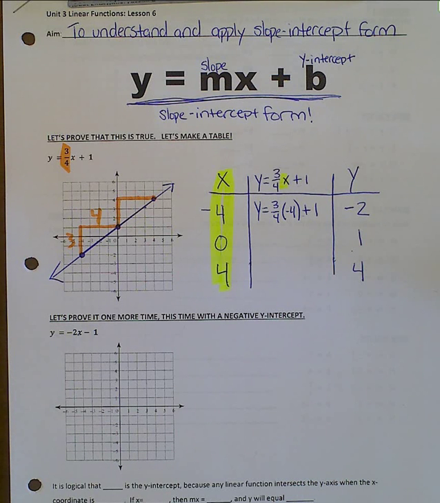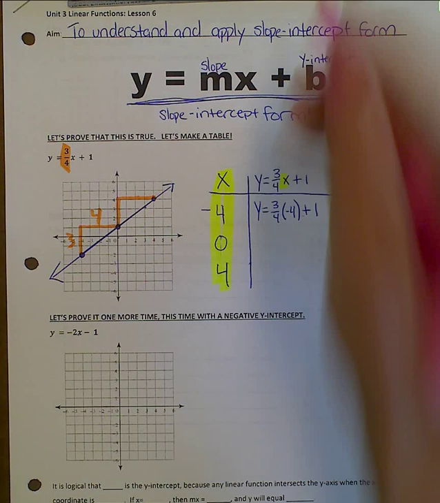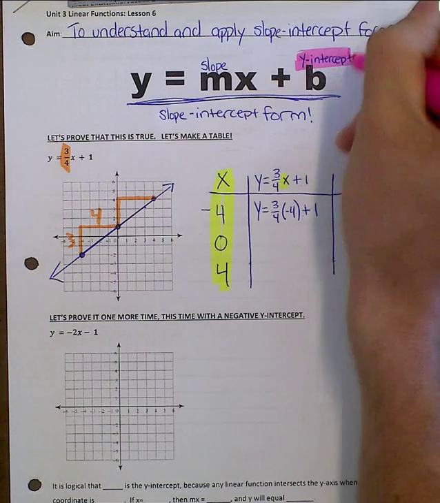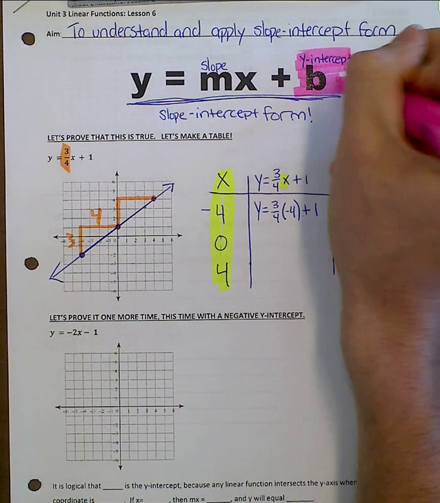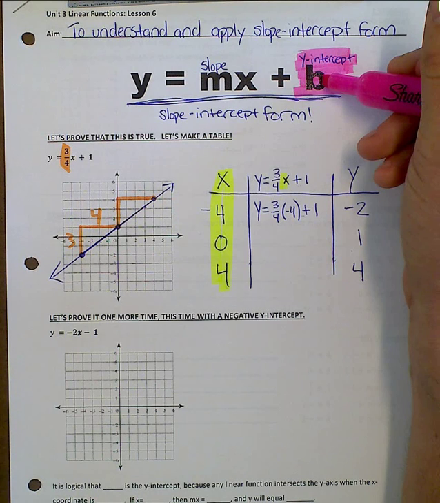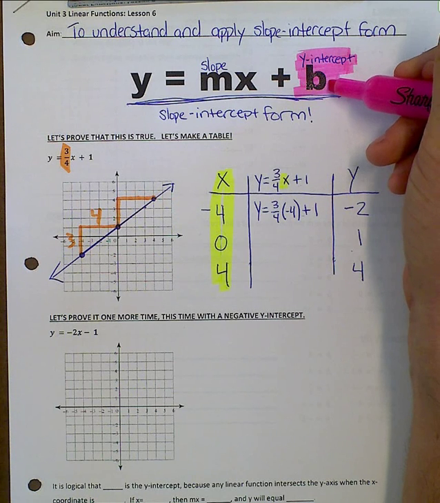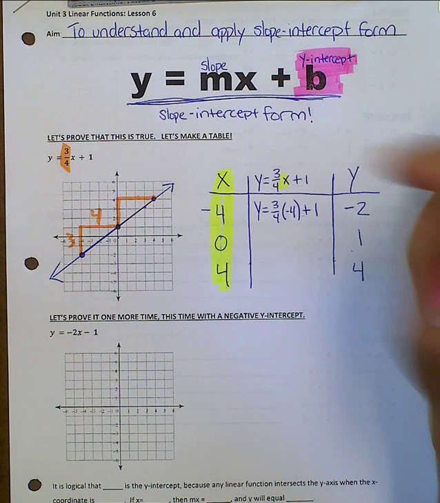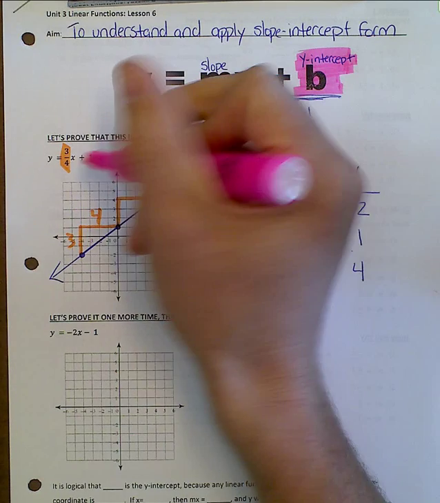And now, for the really interesting part, what about the y-intercept? We haven't talked about this at all, but can I see this on a graph? The y-intercept is whatever number is being added to the x. So in our equation here, we're adding 1.